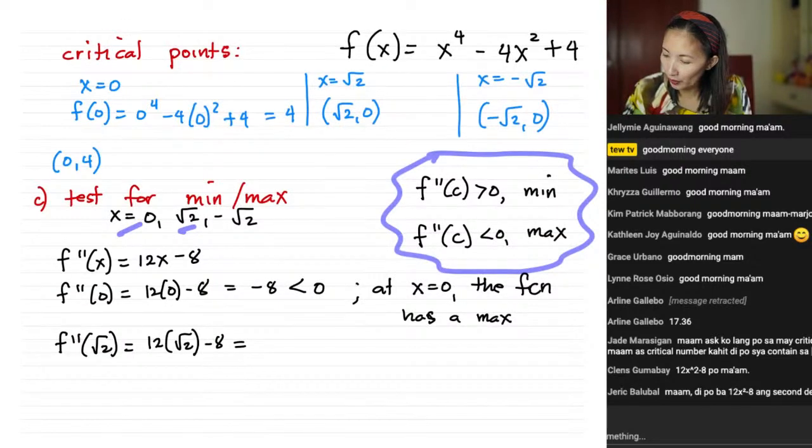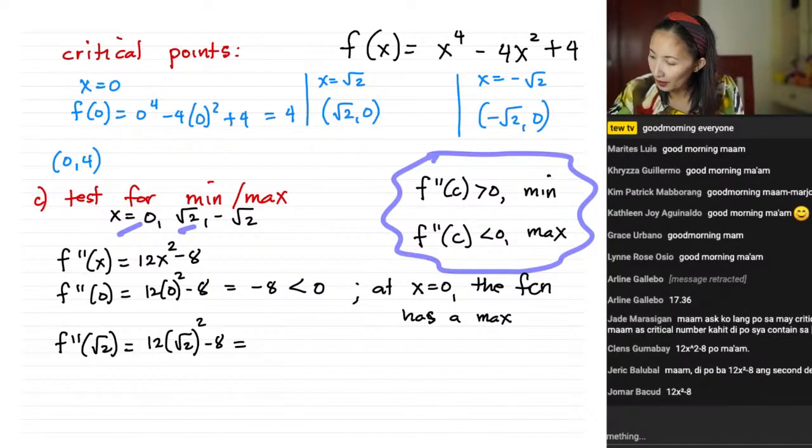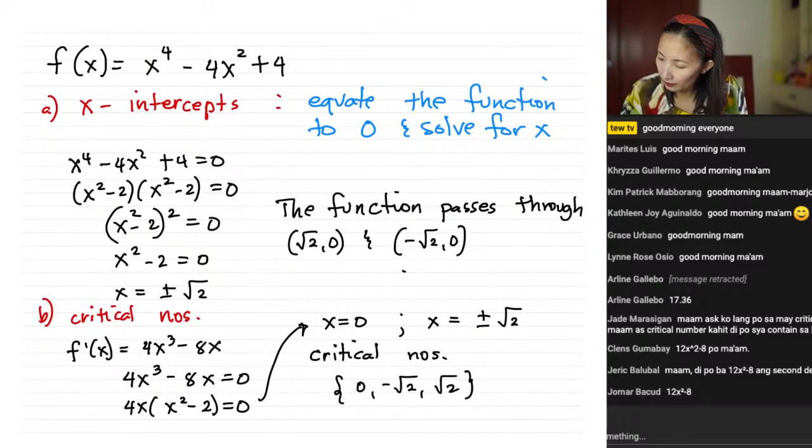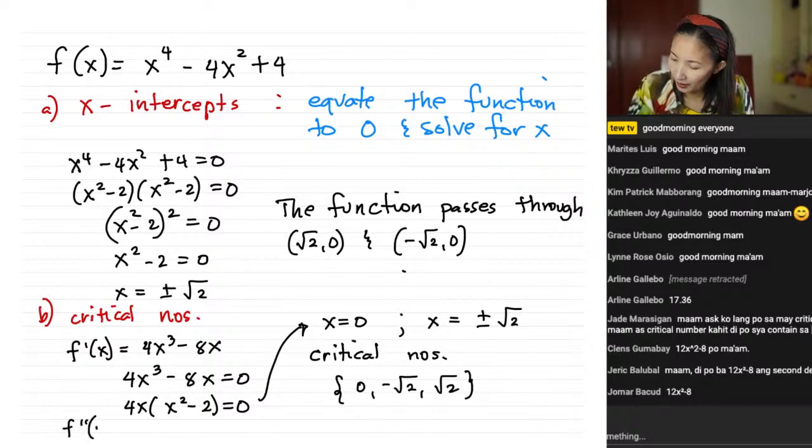Okay, let's check on our f double prime. From here, this is supposed to be squared. Yes, this is supposed to be squared, minus 8. If you square this, it will yield the same anyway. If we continue getting the second derivative, then f double prime will be 12x squared minus 8.